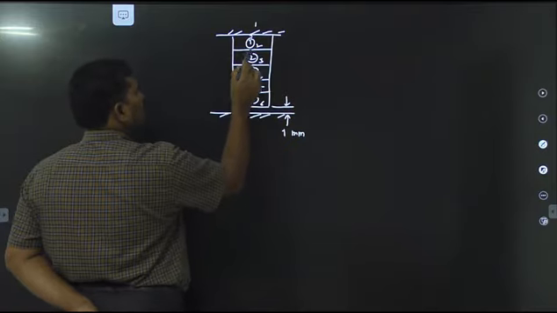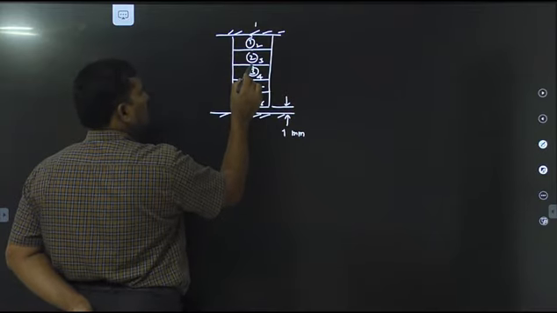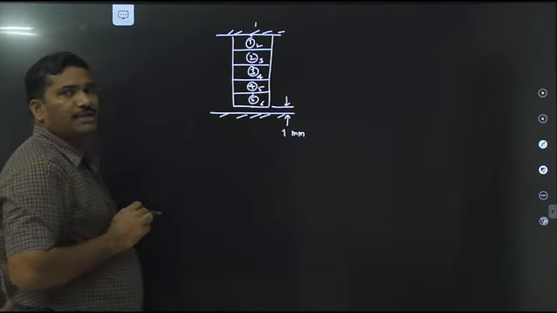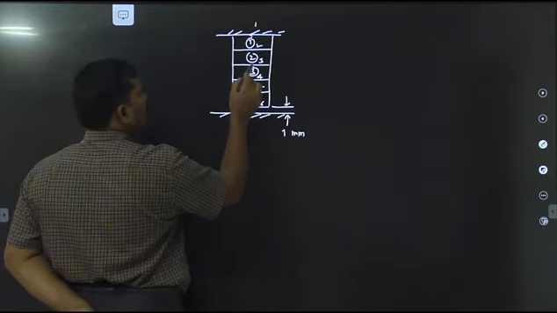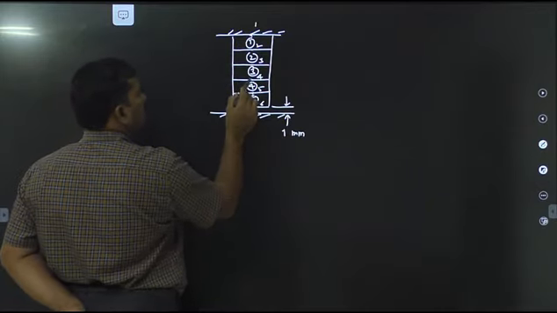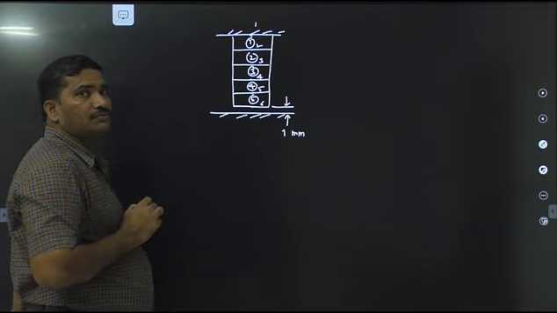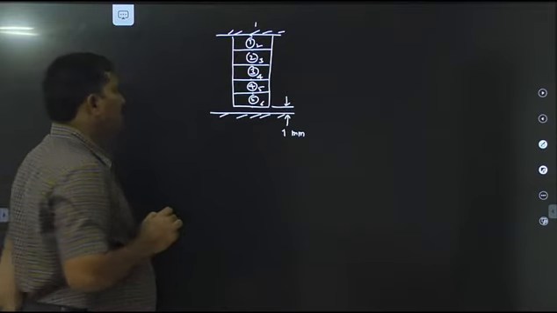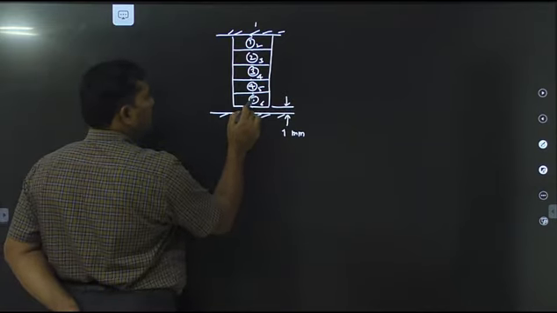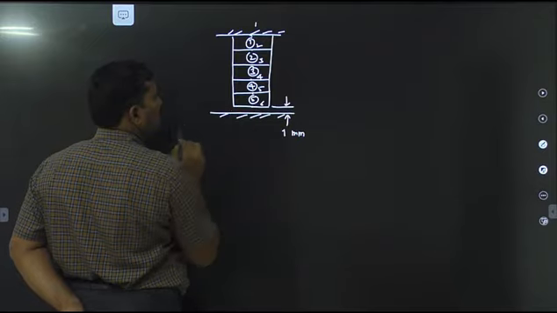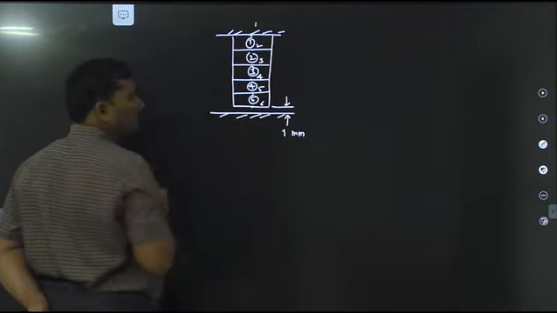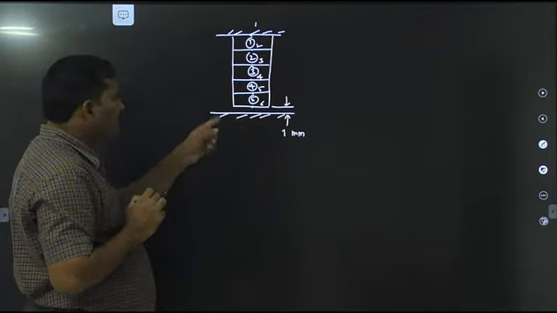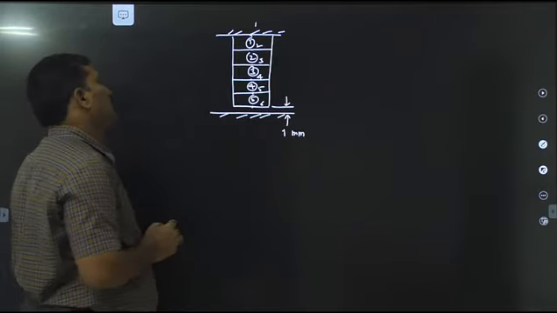Next, this is the first node of second element, this is the second node of second element. Next, this is the first node of third element, this is the second node of third element. Coming to fifth element, this is the first node of fifth element, and node 6 is the second node of fifth element.